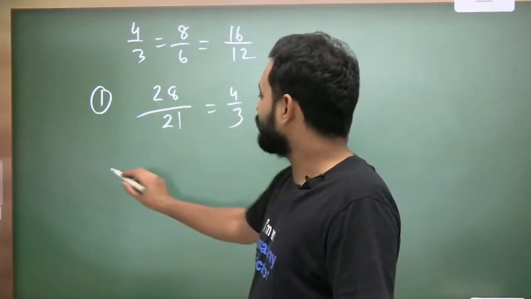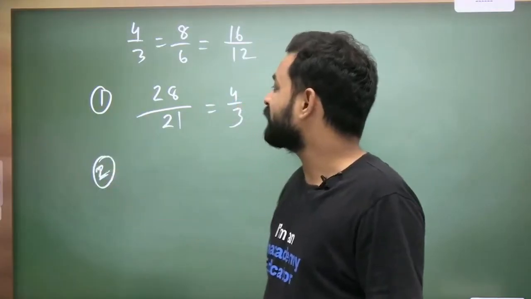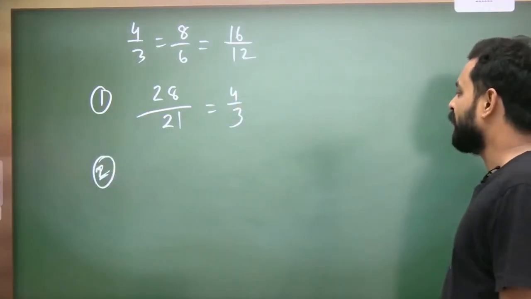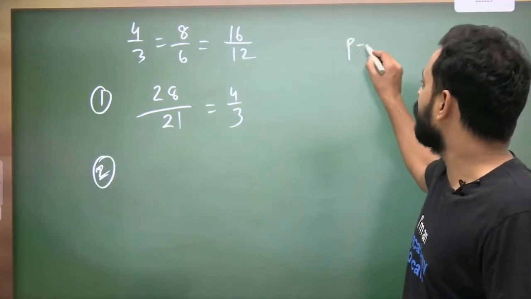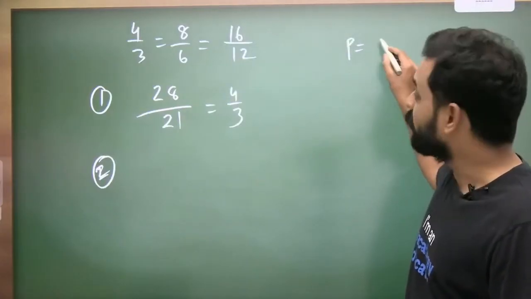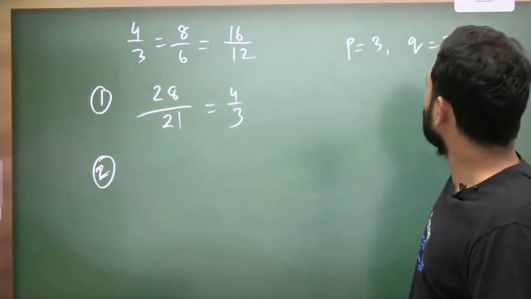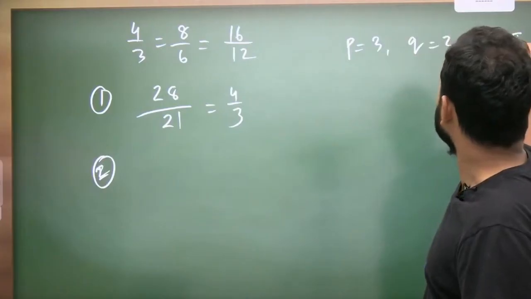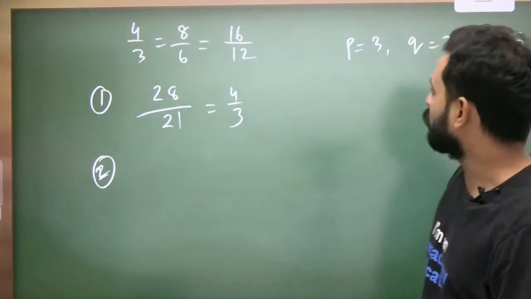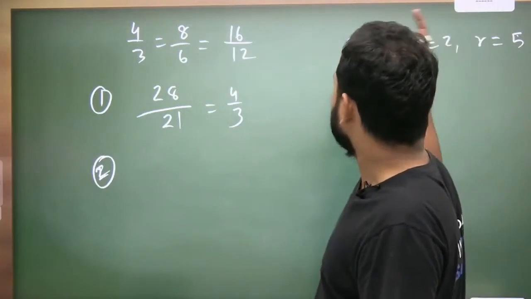We can take some values. Let's say the second result, I'll have to prove the second result. Let's take p equal to 3, q equal to 2 and r equal to 5. So 3, 2 and 5.